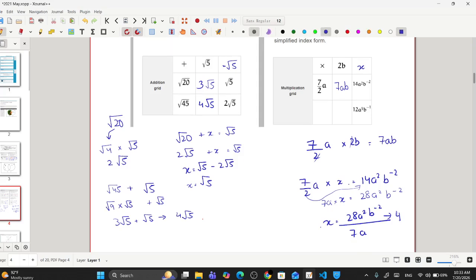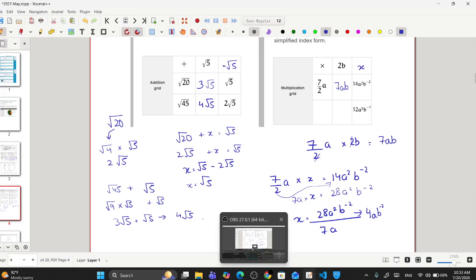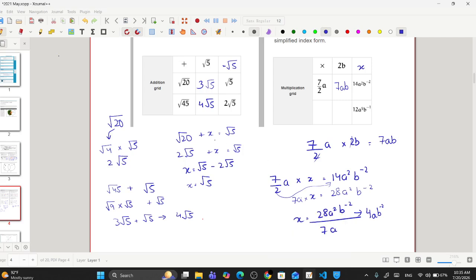So in this case, we get the value of a, and b remains as it is, raised to the power of negative 2. So that was for the value of 4ab raised to the power of negative 2. This is what we were supposed to find out. So the answer is 4ab raised to the power of negative 2.